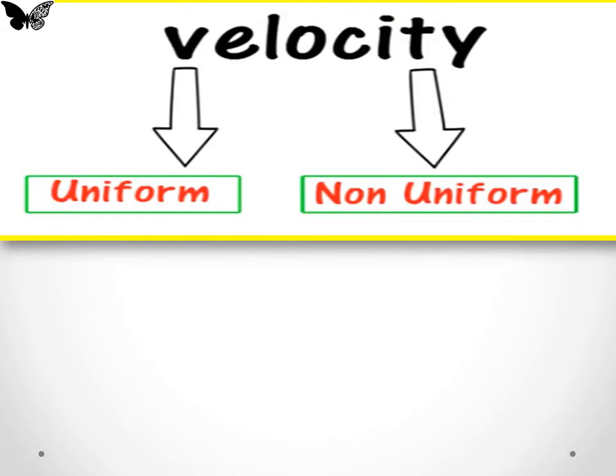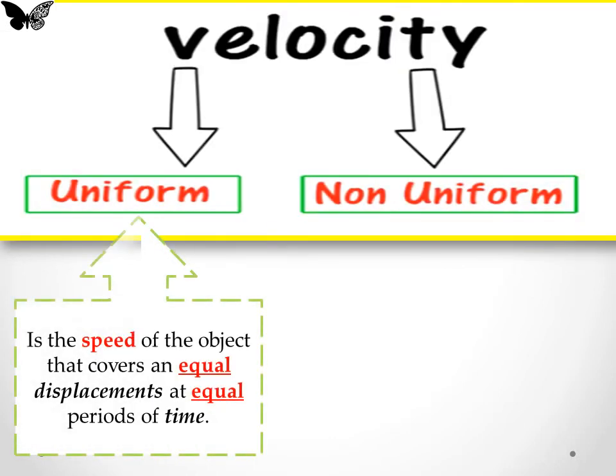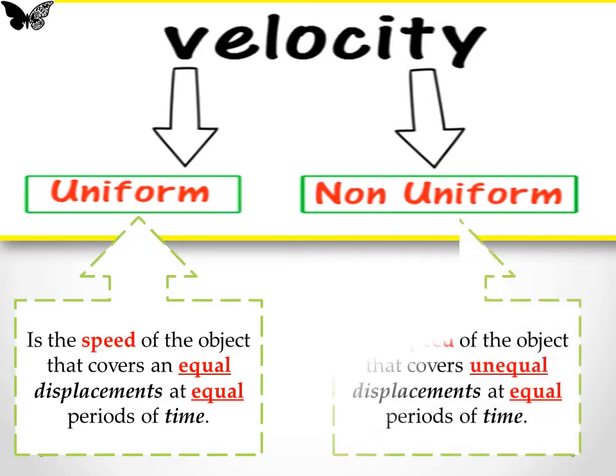So the uniform is the speed of the object that covers an equal displacement at equal periods of time, because my speed is constant. But because my speed is not constant in the non-uniform velocity, of course I'm covering unequal displacements at equal periods of time.